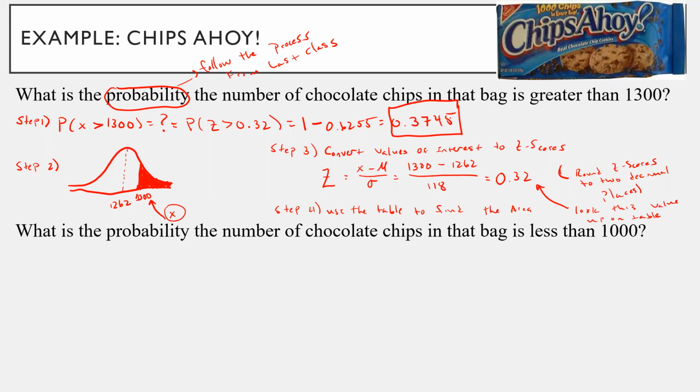So now here's the thing. Let's suppose it was true that they put at least 1,000 chips in every bag. What do you think the probability would be of getting a bag that has less than 1,000 chips, if their advertising claim was correct?